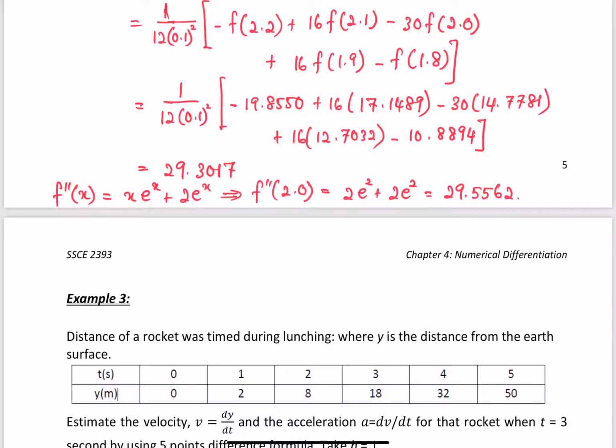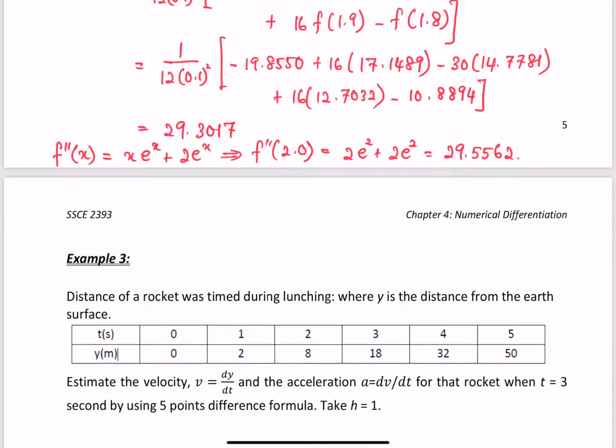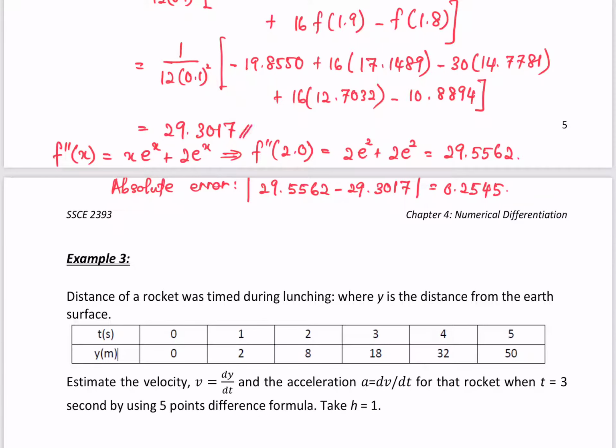Then for the absolute error, the exact value is 29.5562 minus 29.3017, and you will get 0.2545. That's it. This is the answer, and this is the absolute error.